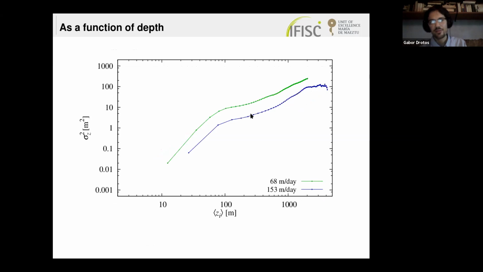Okay, if I plot the same variance as a function of depth, we can also learn that the first transition from the superdiffusive to the normal diffusive regime takes place around 100 meters depth, irrespective of the choice of the settling velocity. And it turns out to be true in the shorter simulation as well.